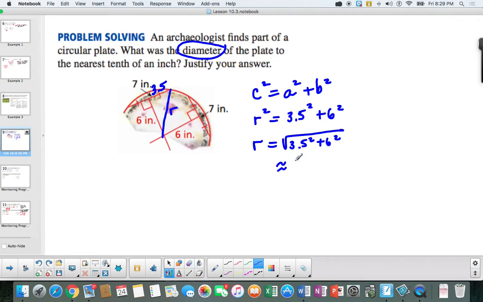So on my calculator I have about 6.946 and some other decimals. I am now going to multiply it by 2 on my calculator, and then I'm going to get 13, and they want it to the nearest tenth, 13.9, and then this is going to be labeled inches.